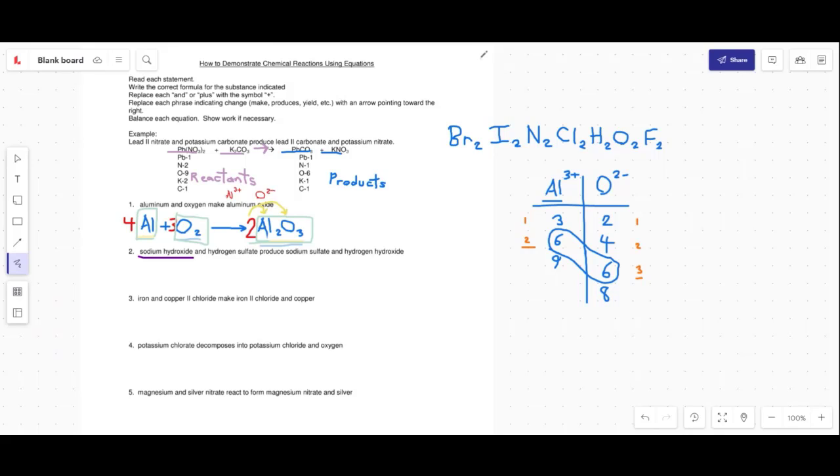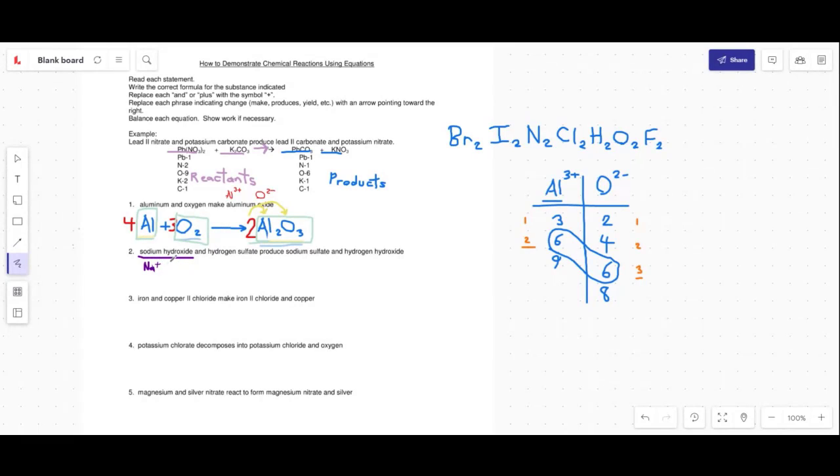So we're going to have to figure out the ions. Sodium is what? Na, and what's the charge of sodium? Remember, you can tell from the periodic table. Plus 1. Very good. So sodium's a plus 1.